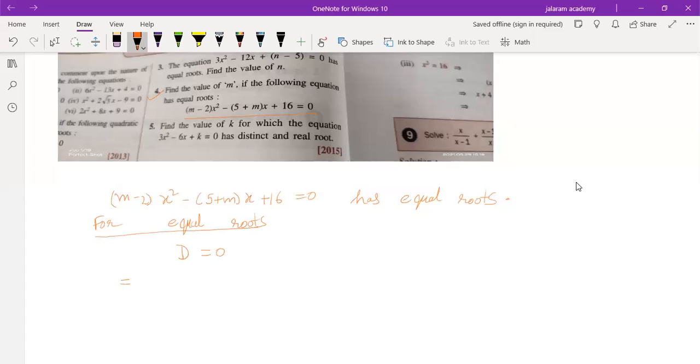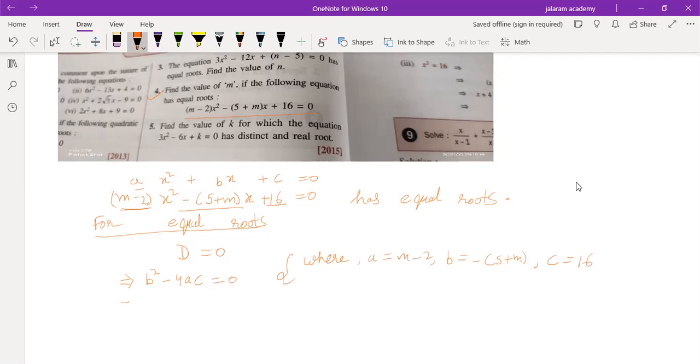It implies the formula for discriminant is b square minus 4ac, and it must be 0, where on comparing this equation with ax square plus bx plus c equals 0, a equals m minus 2, b equals minus 5 plus m, c equals 16.